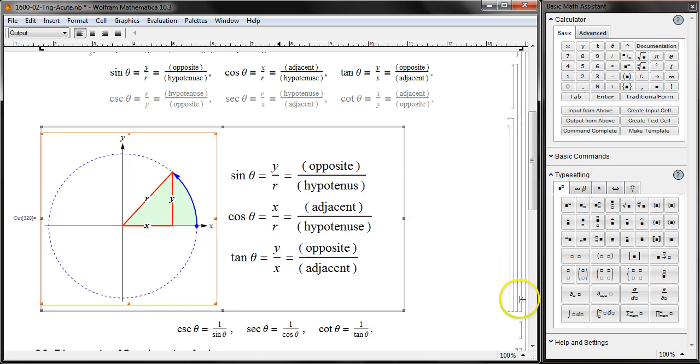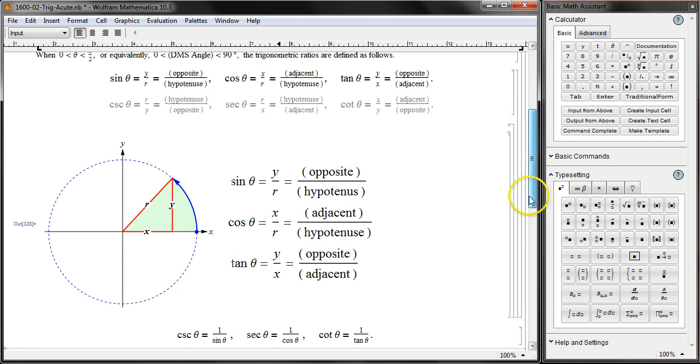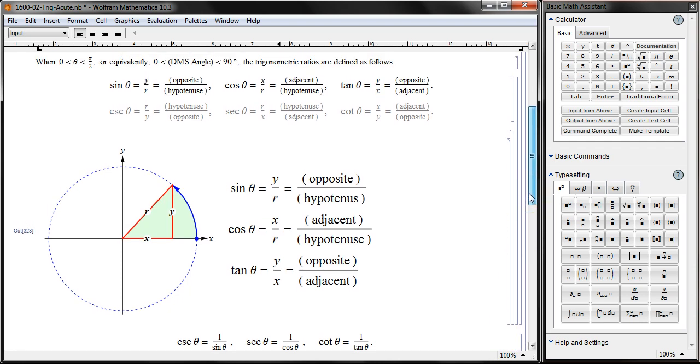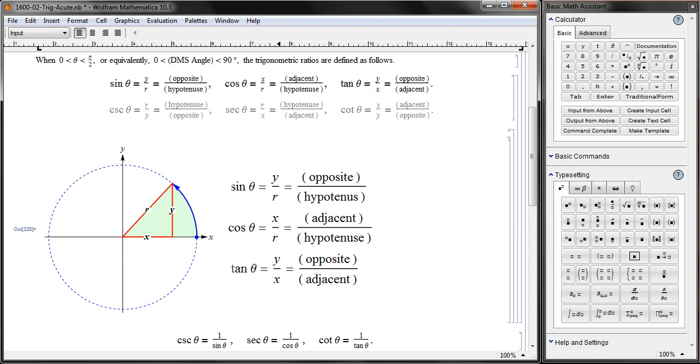Let me sacrifice the size of this picture a little bit so that I can put everything in the same viewing window. Okay, here we go. The grand conclusion. When the angle is between 0 and pi over 2, or equivalently between 0 and 90 degrees in DMS measure, the trigonometric ratios are defined as follows.